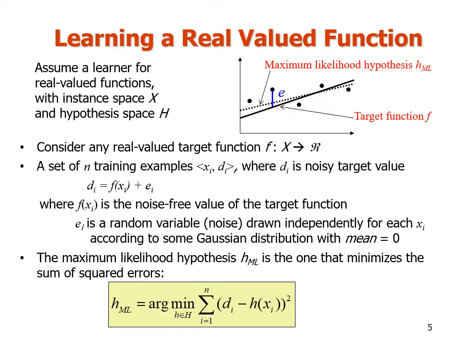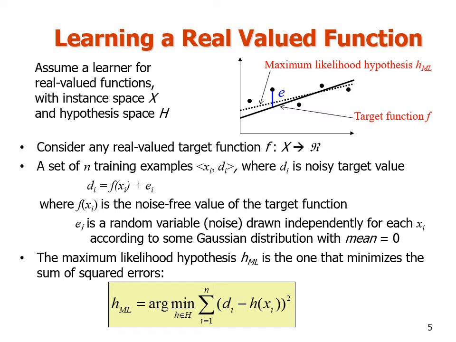But it is important to note the limitation of such a problem setting. This analysis considers noise only in the target value of the training example. That is, di is defined as the addition of the noise-free value of the target function and a random variable ei. But this problem setting does not consider noise in the attributes that describe the instances.